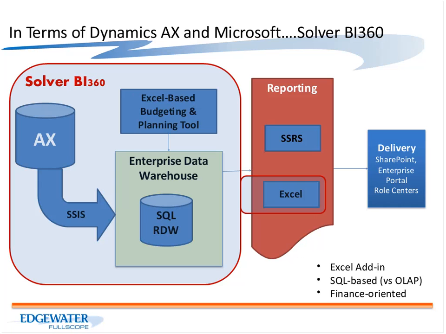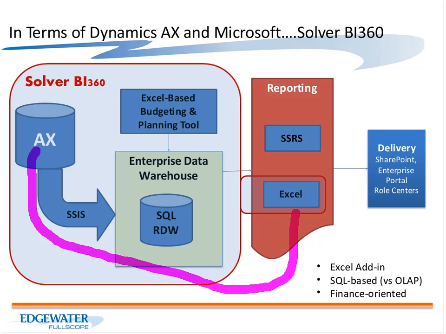They've built an Excel-based budgeting and planning tool, which feeds into their data warehouse. And then they've got an Excel add-in. It's not shown on this picture, but it works almost like an Atlas product.